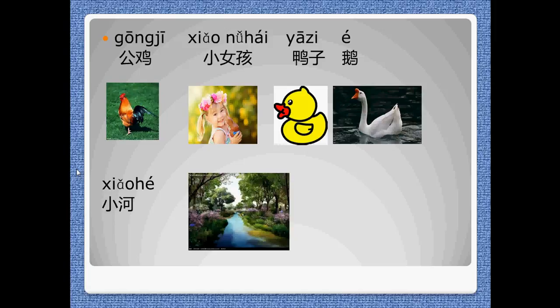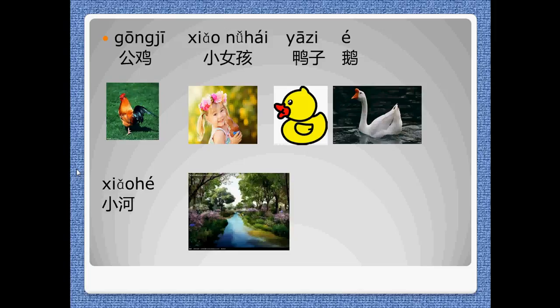And you can see 孩, H-A-I, it is the second tone. And 鸭子, the first tone and the second tone, and also 小河, 河, the second tone of 河.